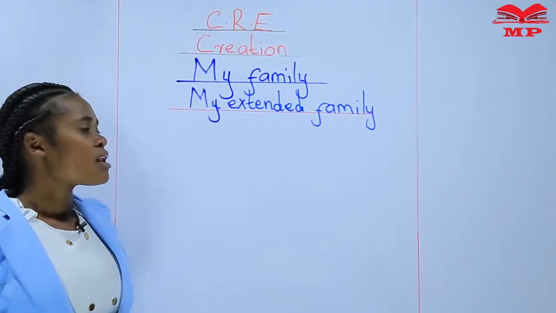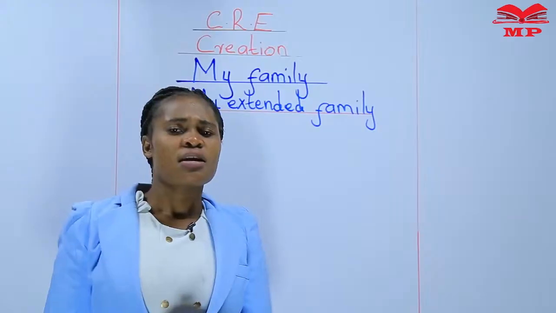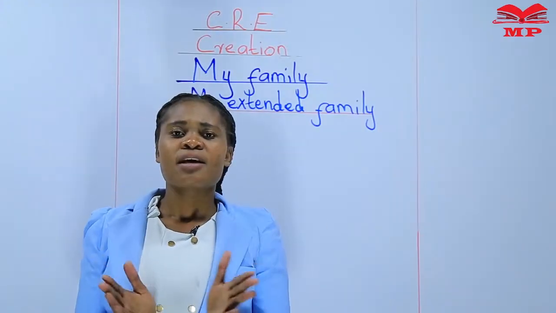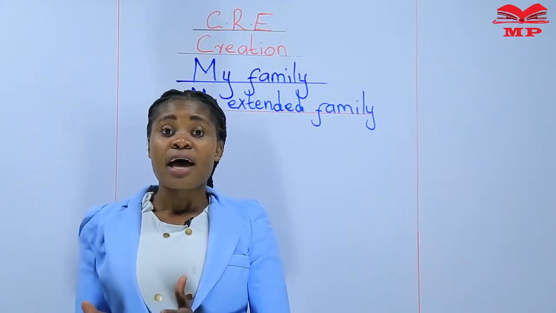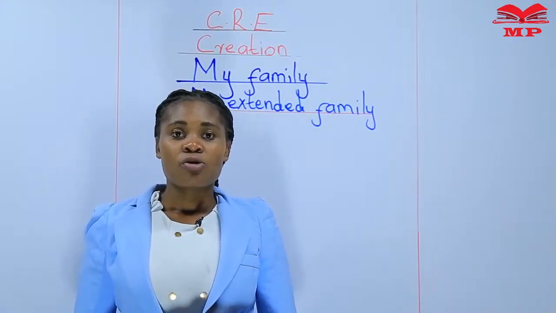Others are made up of children alone, while others are made up of a husband and a wife. So my extended family. What is an extended family? An extended family is larger than a nuclear family.